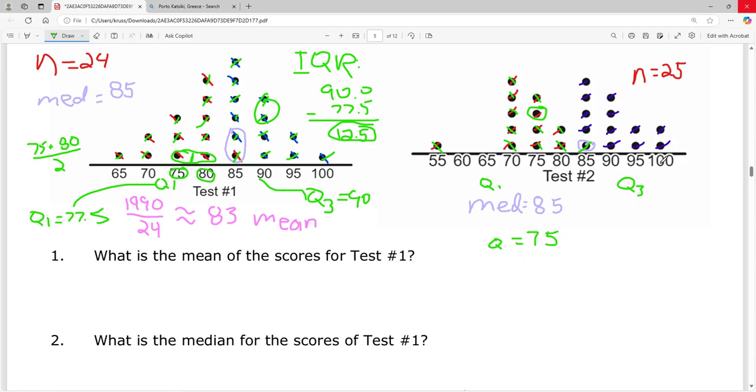Our upper quartile is the same process: that one, then that one, and we keep doing that until right there is our upper quartile at 90.